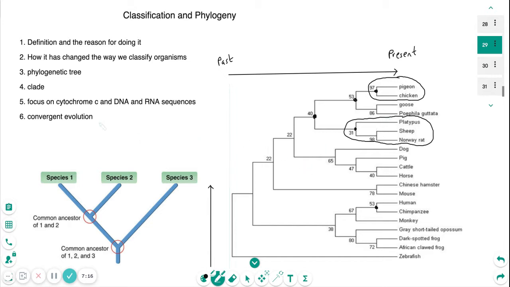All right, let's talk about convergent evolution, because this can cause some confusion. And in response to this, we can study molecules such as cytochrome C or DNA or RNA, and this is helping us to be less subjective and more objective.